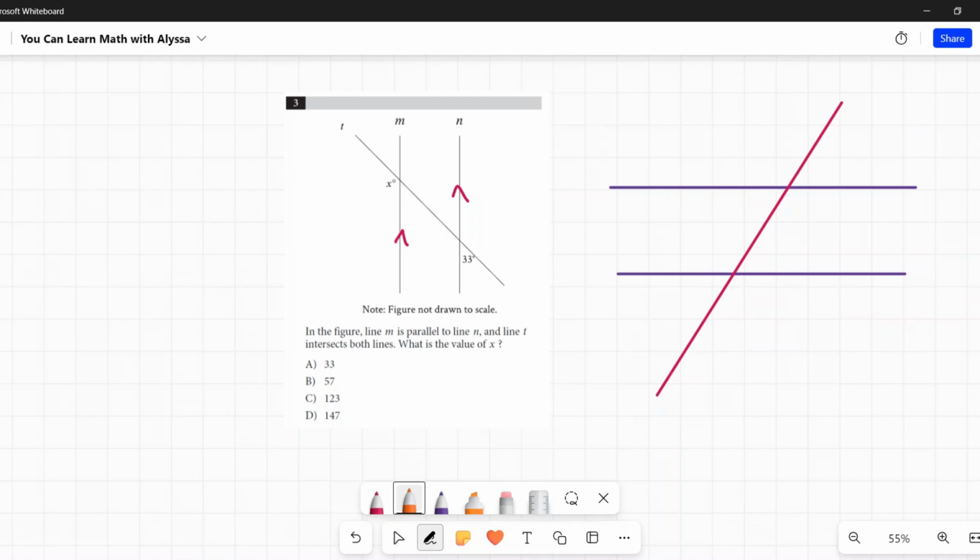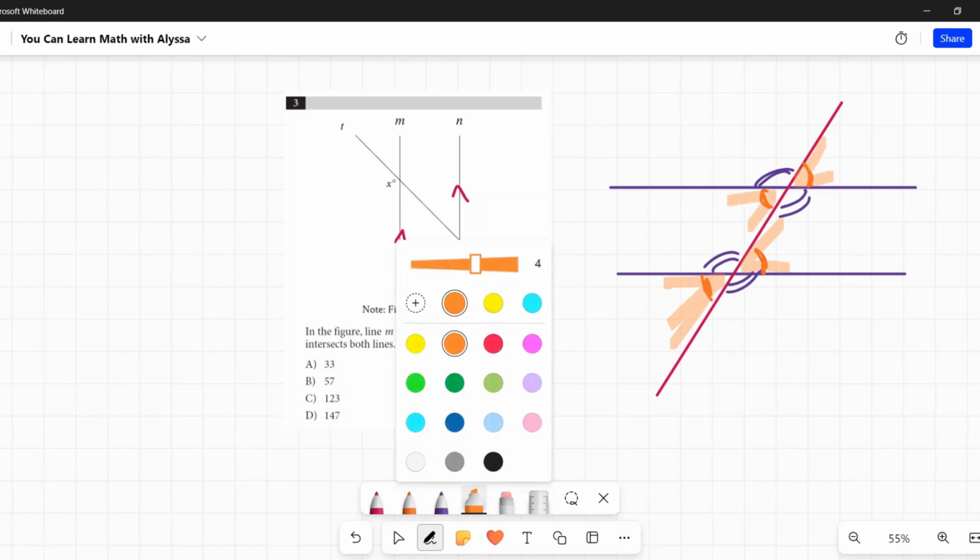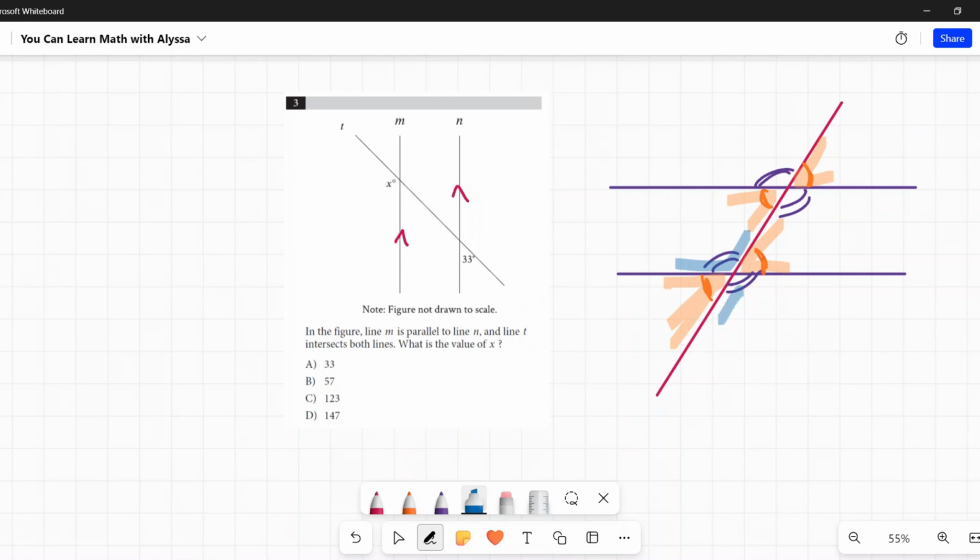For something like this, here's what you need to know. If I have these parallel lines, those 4 angles are all the same, and then these 4 angles are all the same. And all of those orange angles are supplementary to all those blue angles.